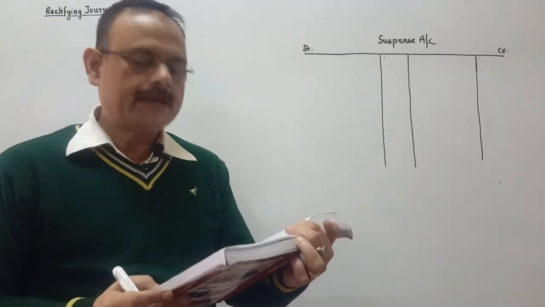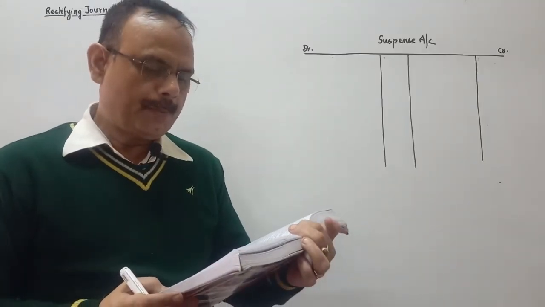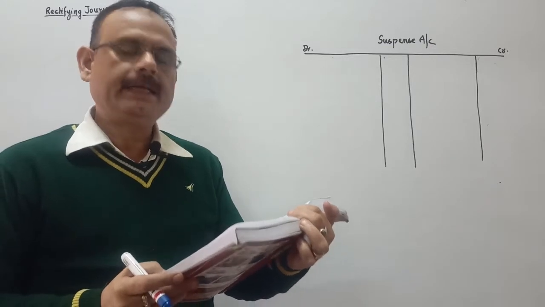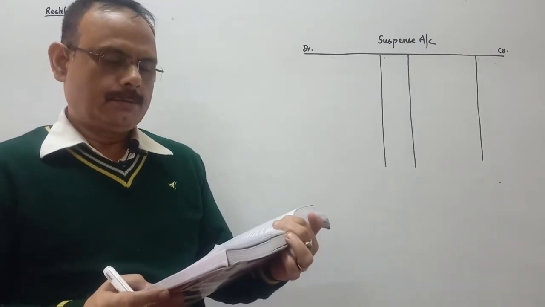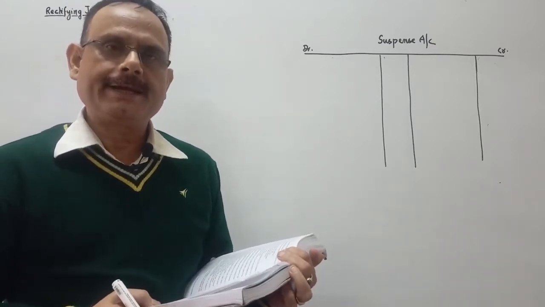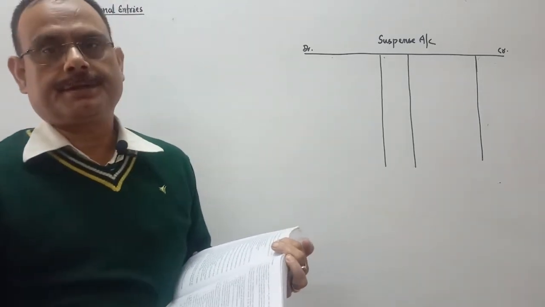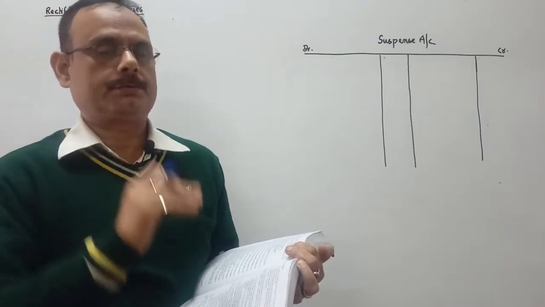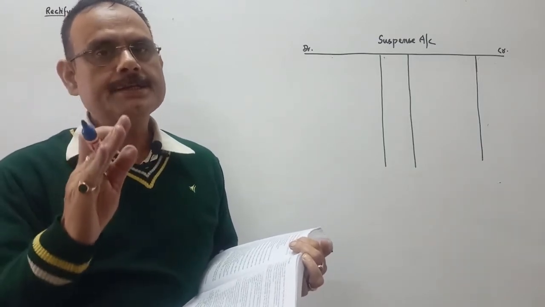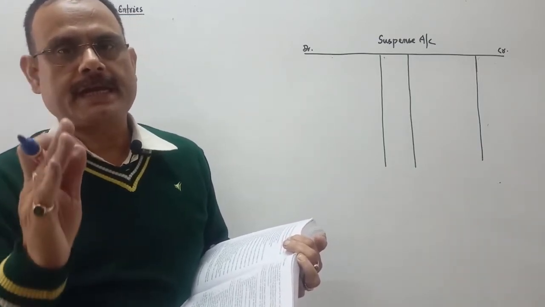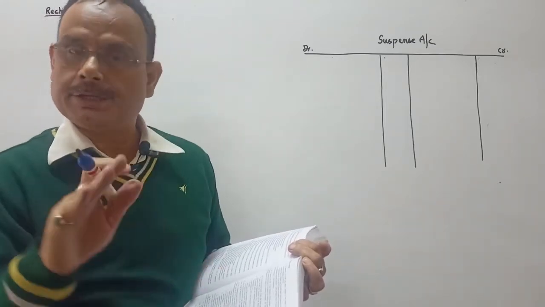In taking out the trial balance, bookkeeper finds that he is out rupees 3,809. Excess debit means debit side is more. Total of debit side of the trial balance is more.